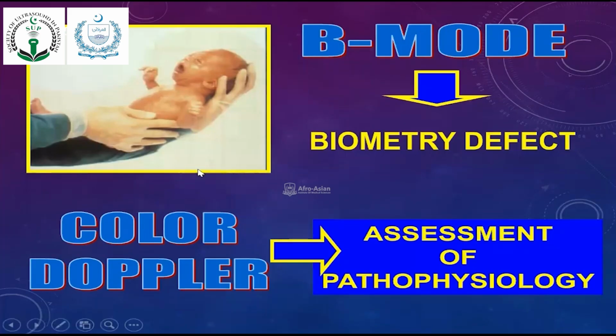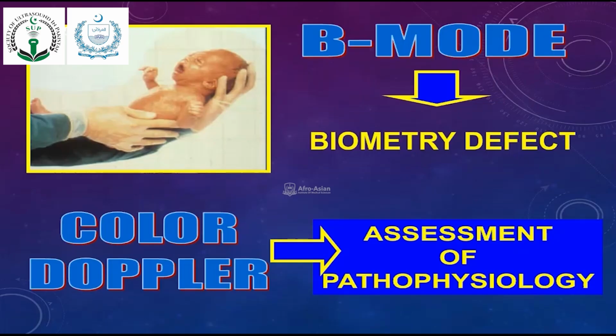On B mode, first thing is biometry, and biometric defects are important. Biometry, which is also called fetometry, is the measurement of different structures or different parameters to predict the gestational age, like BPD, head circumference, abdominal circumference, femur length.